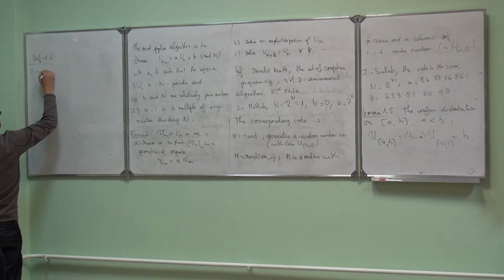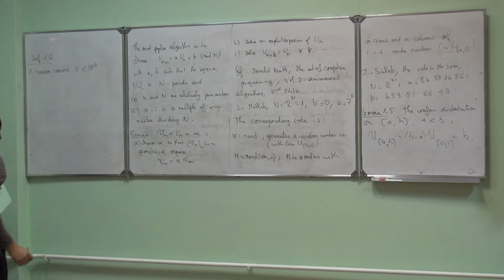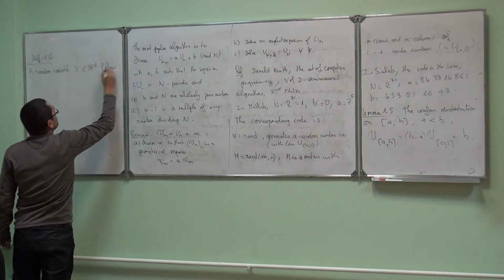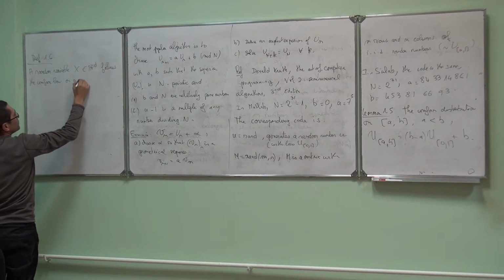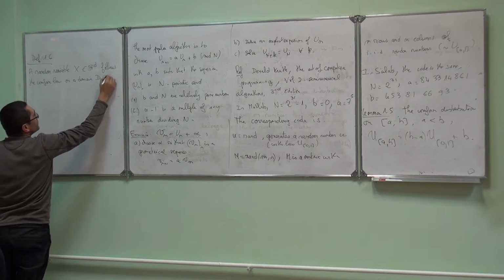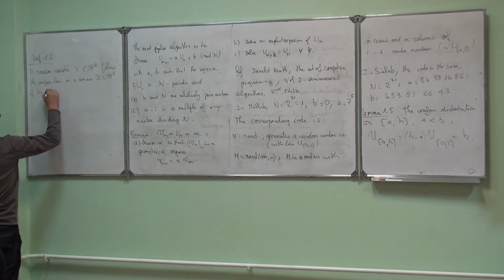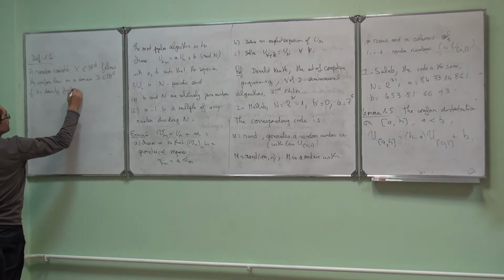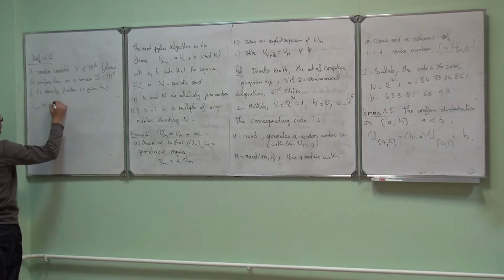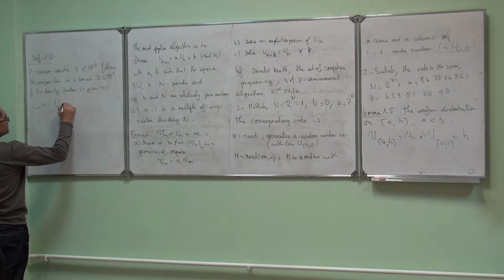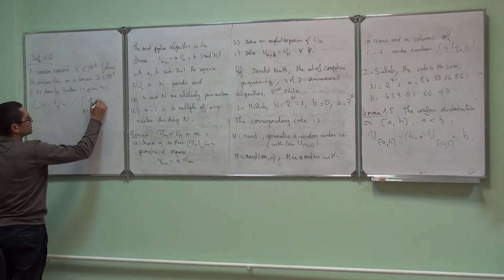A random variable X in Rd follows the uniform law on a domain D in Rd if its density function is given by f capital X of small x, x equals x1, x2, etc., equals the indicator function of D at x over the integral over Rd of this same indicator function. Okay?